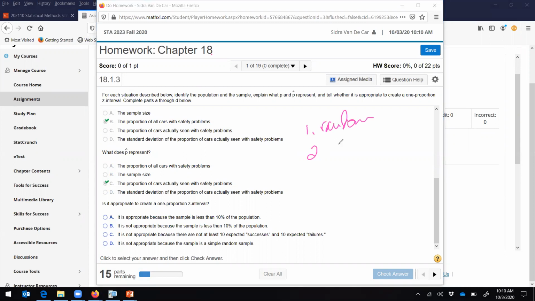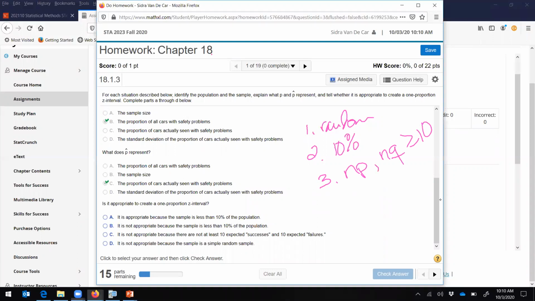Number 2 is the 10% condition, which means that our sample size can't exceed 10% of the population. In other words, it can't be too large. And then the third condition is that it needs to be large enough, which for proportions, NP and NQ both have to be at least 10. So those are the 3 things that we're checking each time.